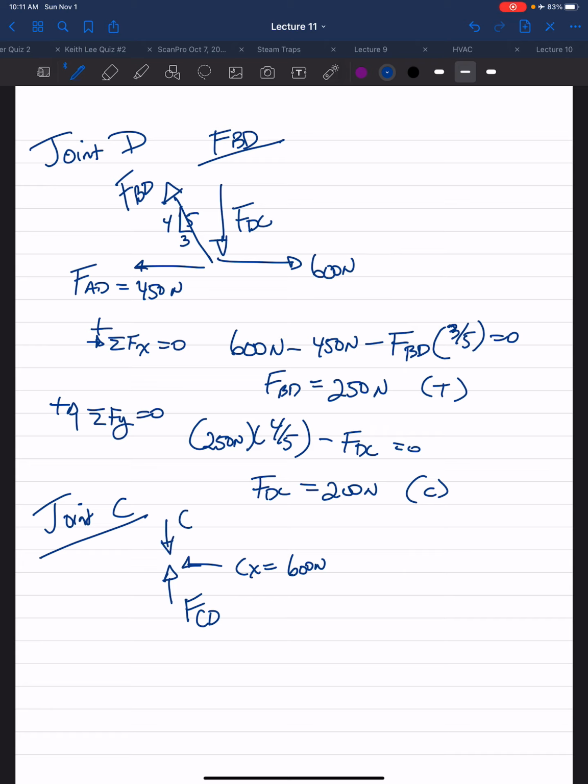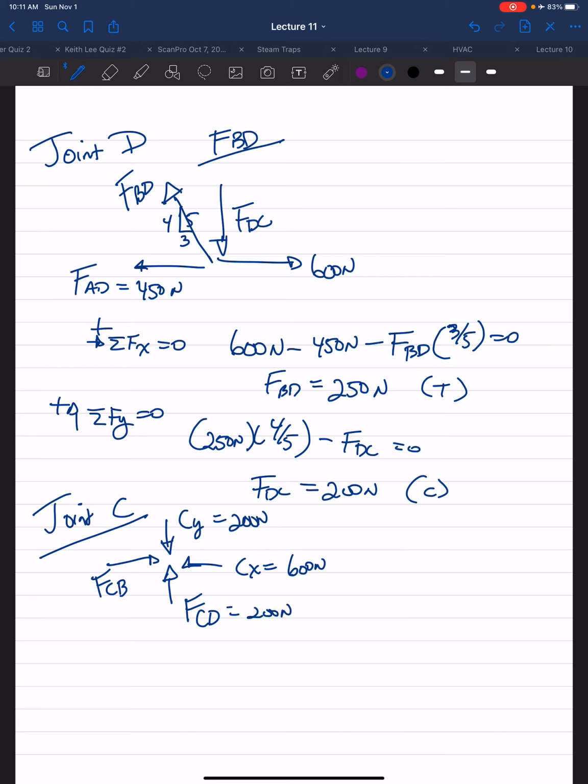We have our CY, which we said is coming down, which is 200 newtons. And we have our FCB, and we calculate our FCD in the previous joint to be 200 newtons.